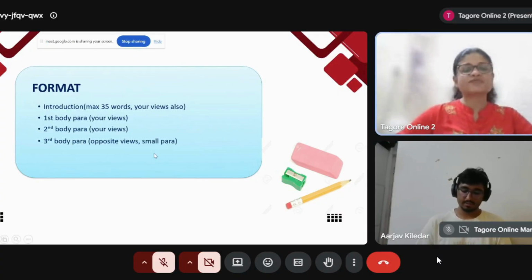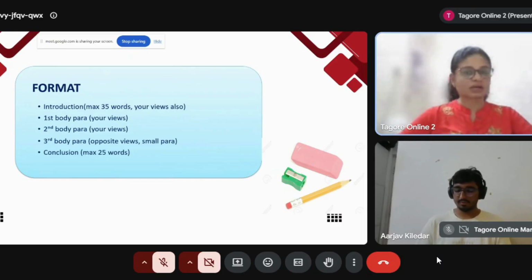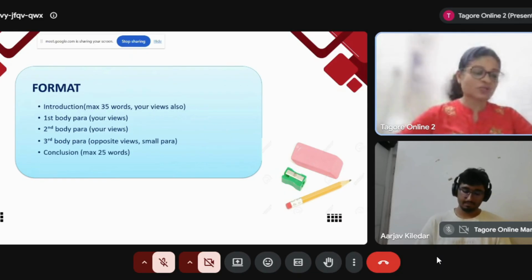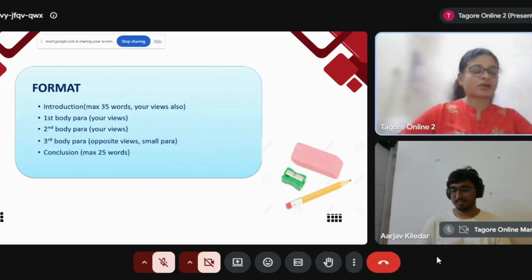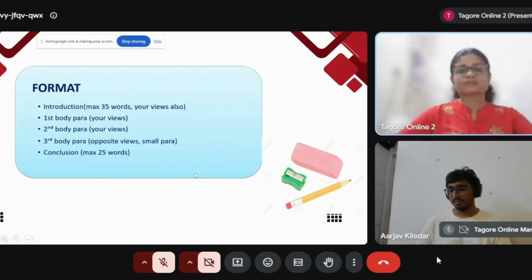So your paragraphs can be your views, the opposite views, and then a conclusion. This is for task 1, where you're taking 20 minutes to write and giving around 150 to 170 words.